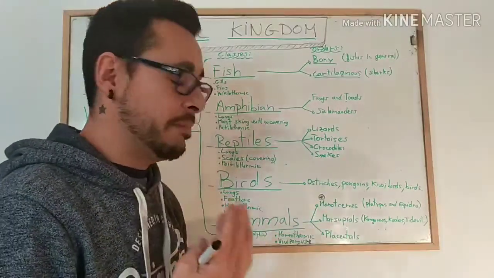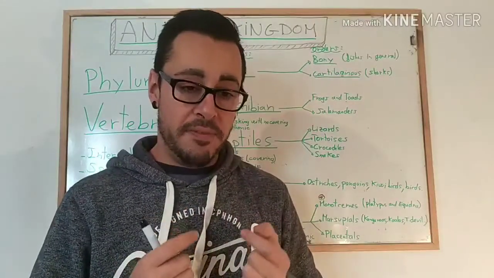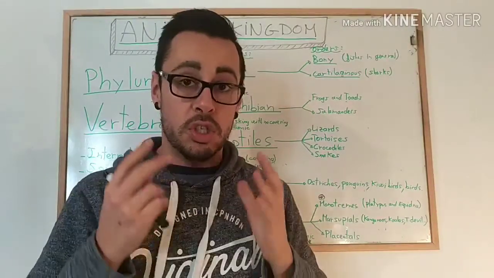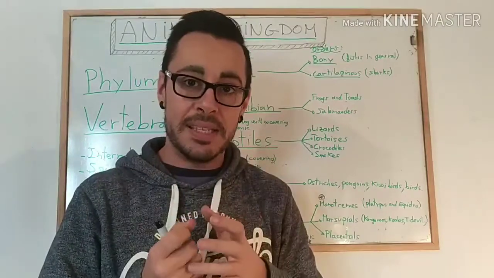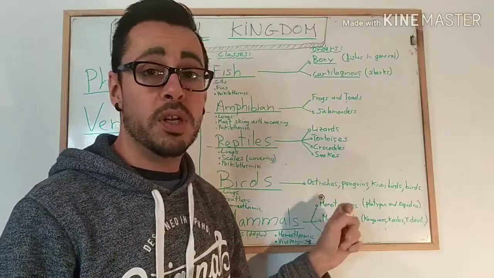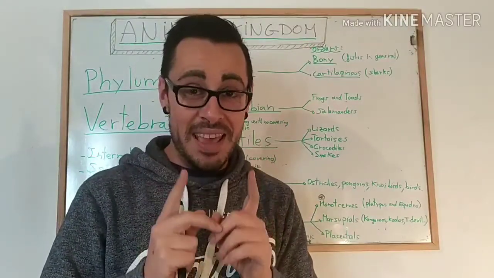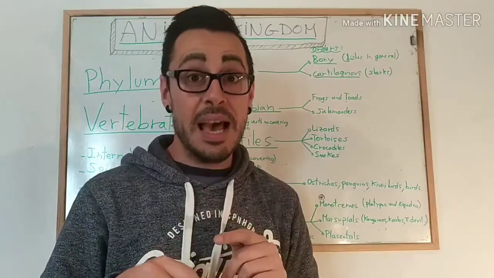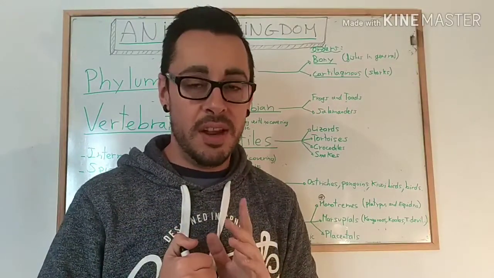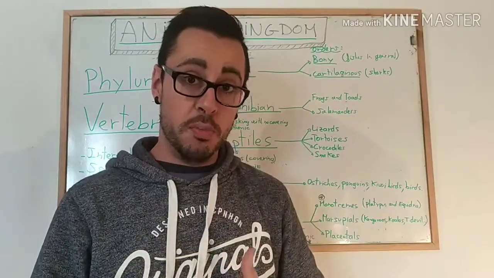What happens in the marsupials? Okay. The marsupials, when the fertilization takes place in the uterus, the embryo comes out when it's not developed, and it goes to the marsupium.